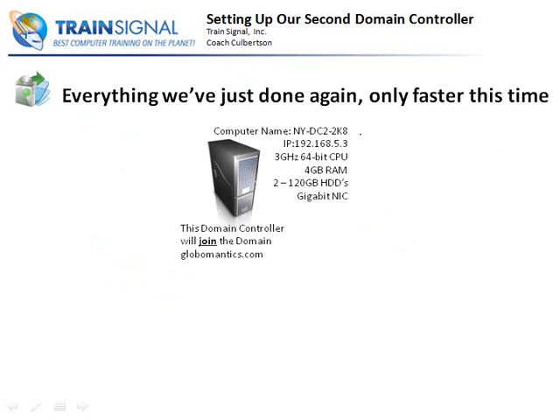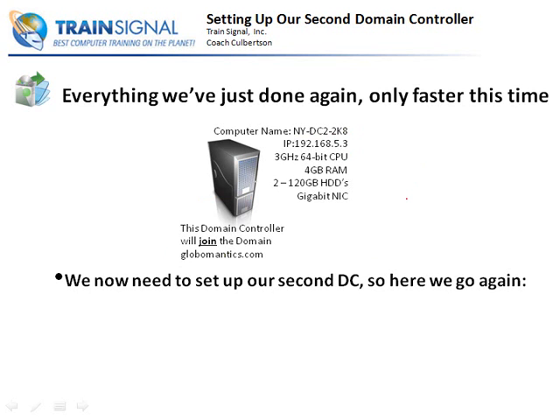Now, of course, New York DC2 isn't named that yet. We have to do an installation of our operating system. Remember, we're going to be doing bare metal installations. This domain controller is going to be joining globomantics.com, not creating it. The hardware is identical. We just need to make some configuration option changes in the ICT, and we're going to be good to go to actually set up our DC. So here we go again.